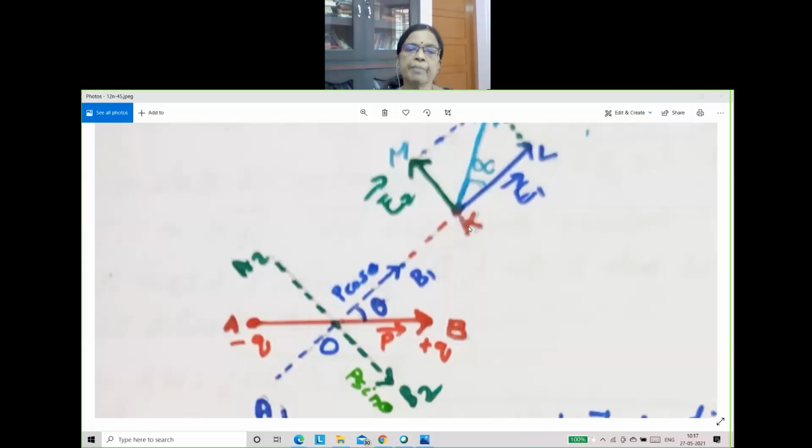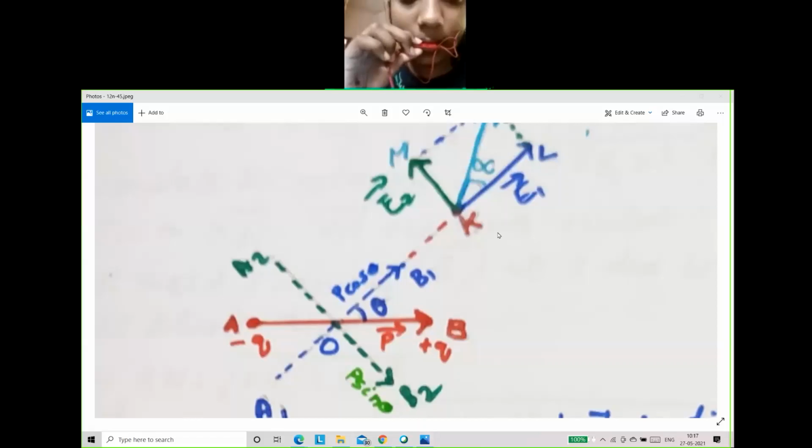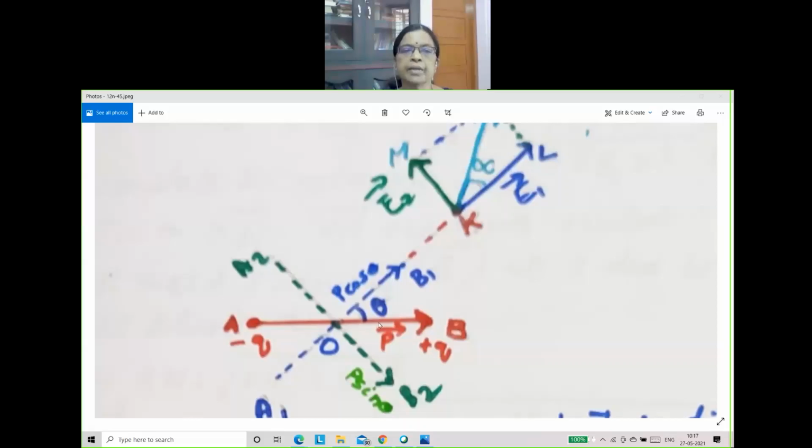With respect to A1B1, it is along the axial line. With respect to A2B2, Lakshmi Priya, where is K? On the equatorial line, along the perpendicular. A2B2 is the perpendicular line, and this is the equatorial line of A2B2. So K is lying on the equatorial line of A2B2.